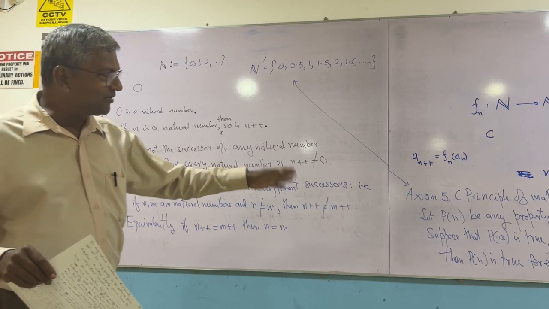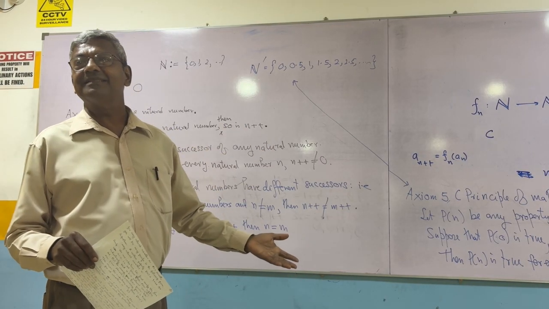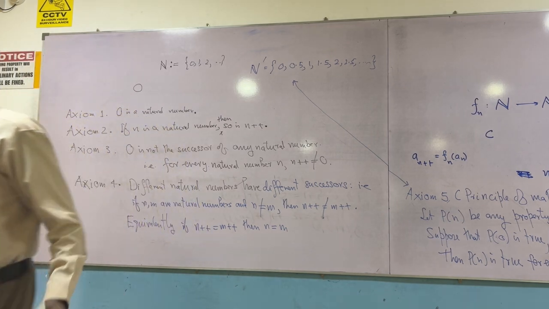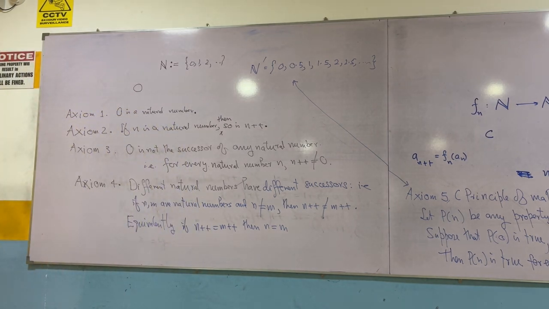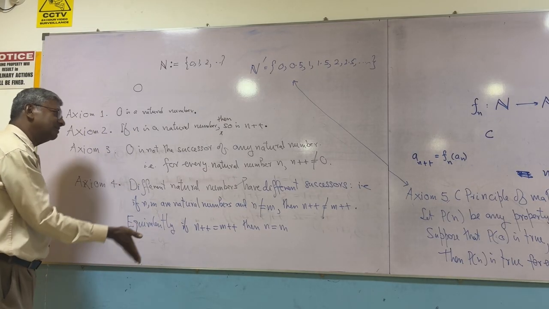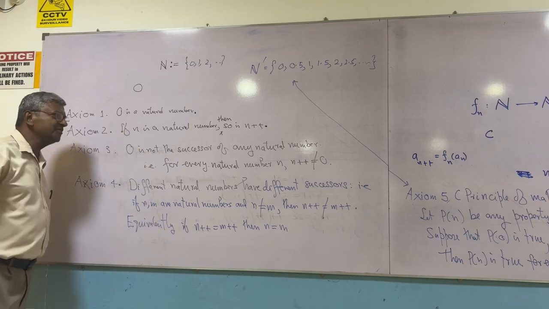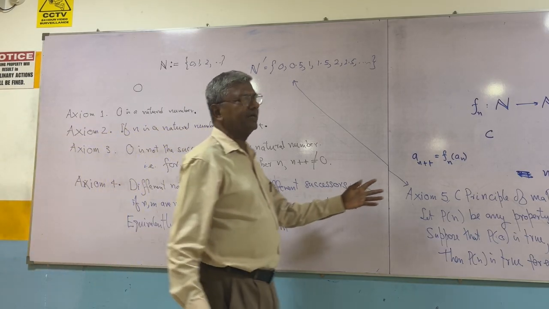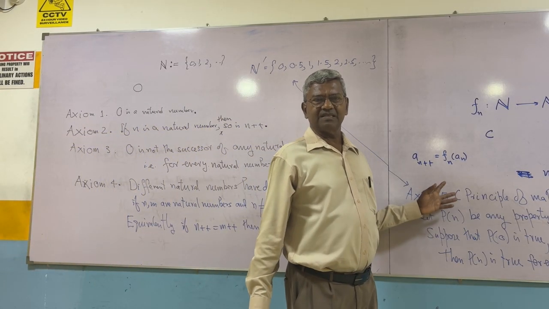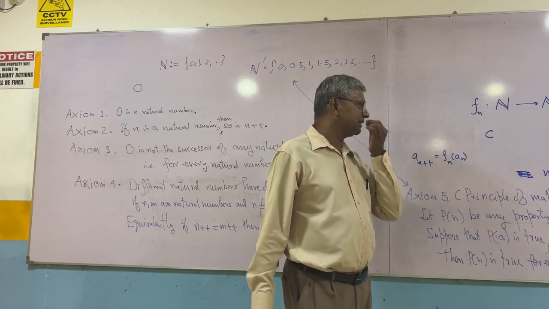Because assuming some other things, in this book there are 2 or 3 proofs of the principle of mathematical induction. So these 4 are in one set of axioms and this one is separate.